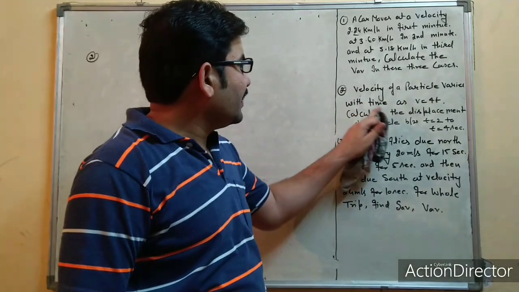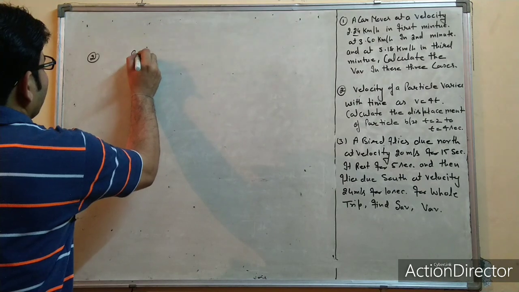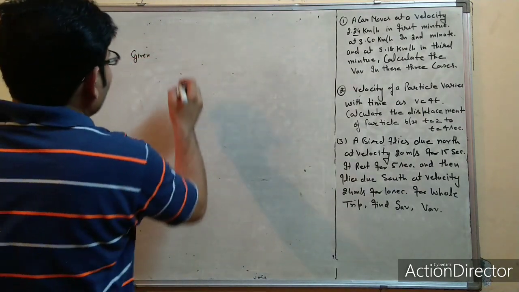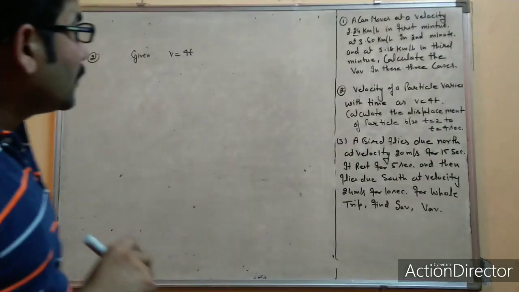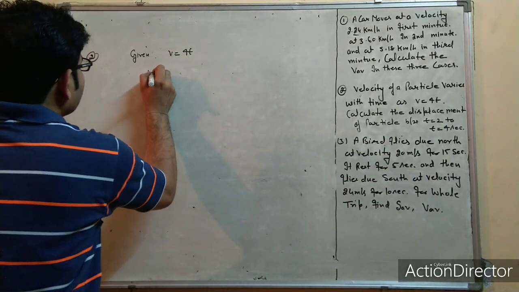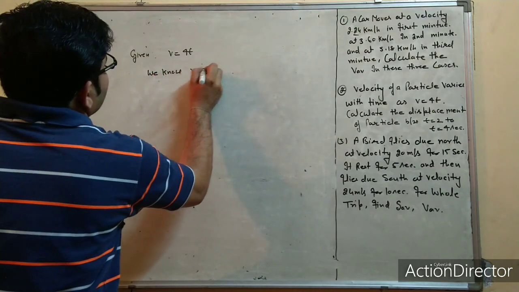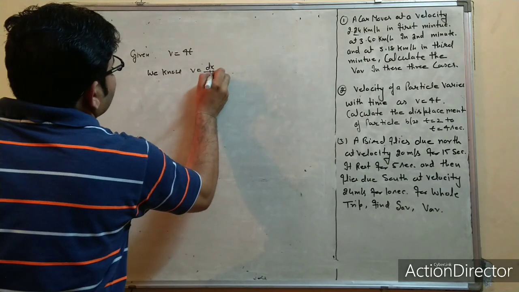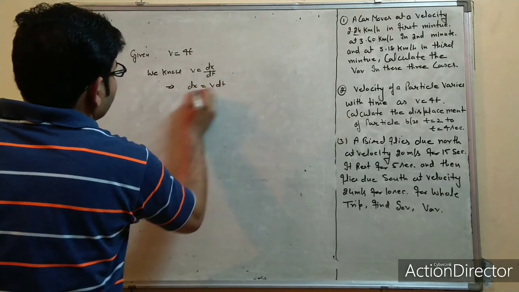The velocity of a particle varies with time as given, v is equal to 40, and calculate the displacement. Okay, we know velocity is displacement upon time, so displacement is velocity into time.